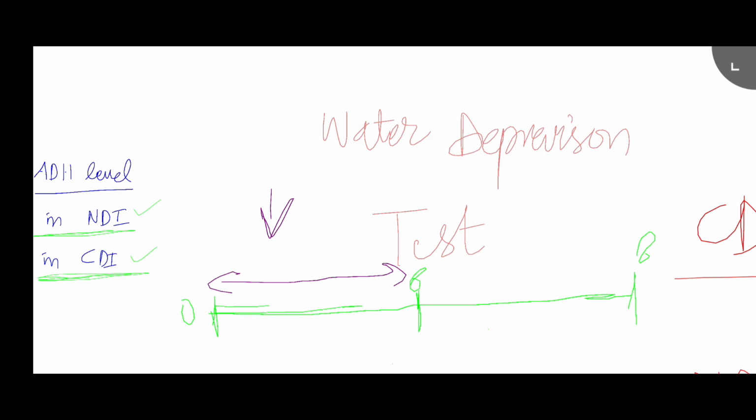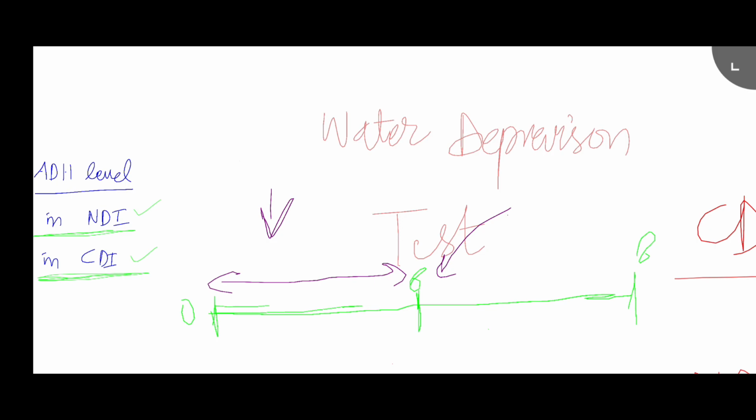Now here you give desmopressin, that is the ADH analog, synthetic ADH. So what happens in central diabetes insipidus, where the ADH was lacking?